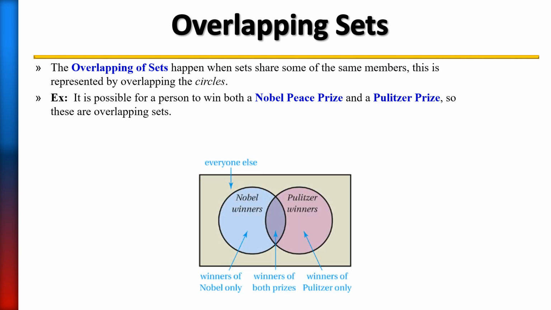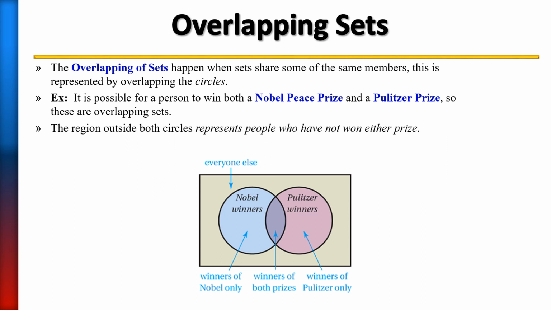So in this case, the blue represents the winners of the Nobel Peace Prize. The pink represents those who won the Pulitzer Prize. And the purple represents those who won both prizes.